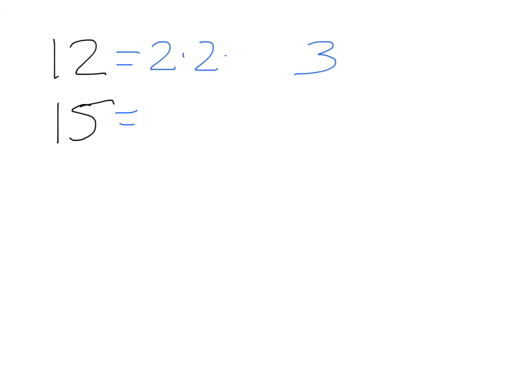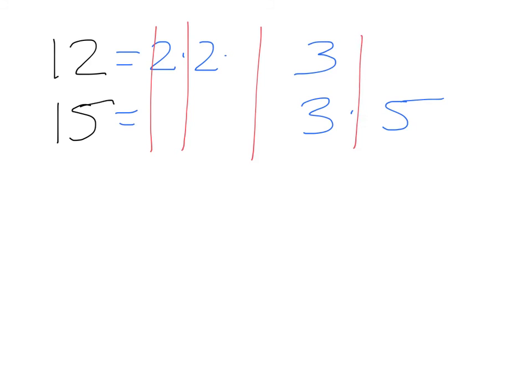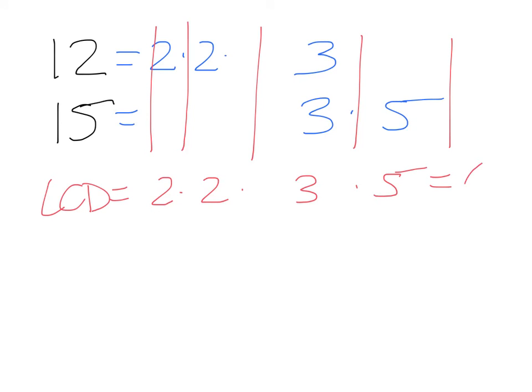In reality, 15 is 3 times 5. So again, I'll make my columns. And my LCD is 2 times 2 times 3 times 5, or that comes out to be 60. So the LCD of 12 and 15 is 60. And that's how it will help me to find common denominators.